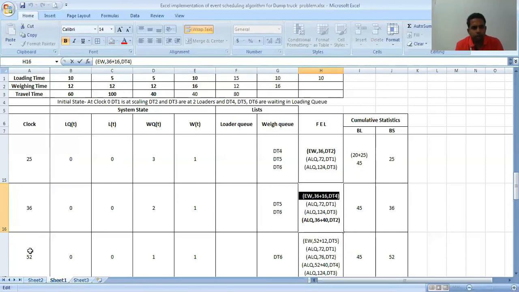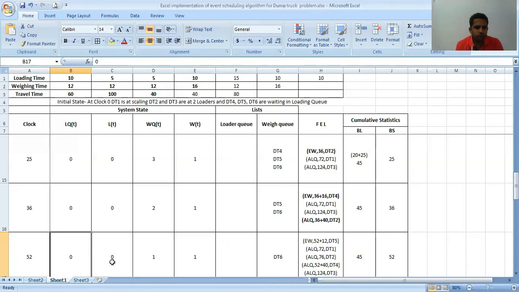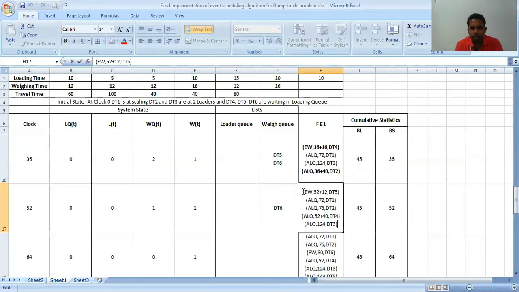So advance the clock time to 52, and LQT is remaining 0, L of T is 0, and WQT is decremented by 1, and WT is 1. As DT5 is going for its weighing, DT6 is still remaining in the queue. Therefore, you are going to update the list by including its new notice, where DT5 is being taken for weighing from this list.